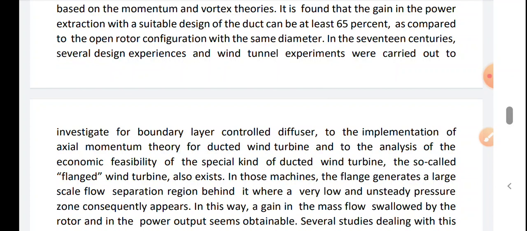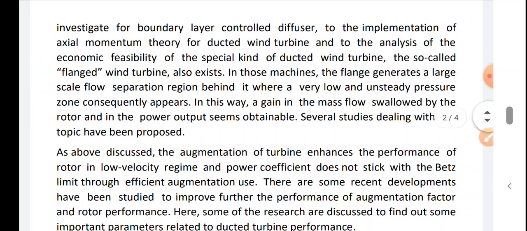Some specific kind of ducted wind turbines are also used, which are called flanged wind turbines. In these machines, the flange generates a large scale flow separation region behind it, where a very low and unsteady pressure zone consequently appears. And in this way, a gain in the mass flow swallowed by the rotor and the power output seems obtainable.